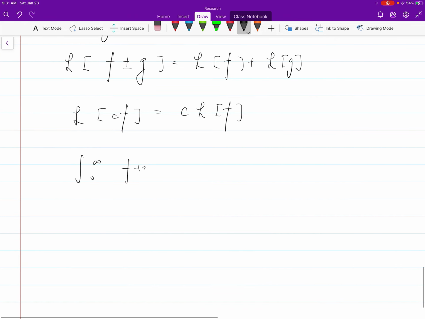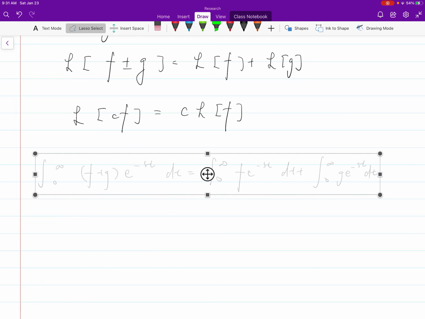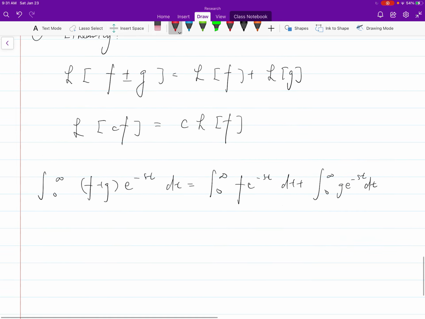If you have the integral from 0 to infinity of (f plus g) times e to the negative st dt, of course you can split it into f alone and g alone. Similarly, you can do it with the constant multiple. It's pretty easy to verify. So I will put it here.